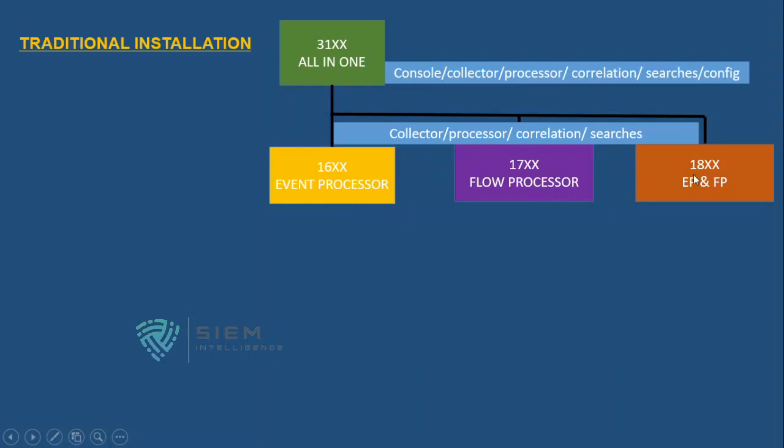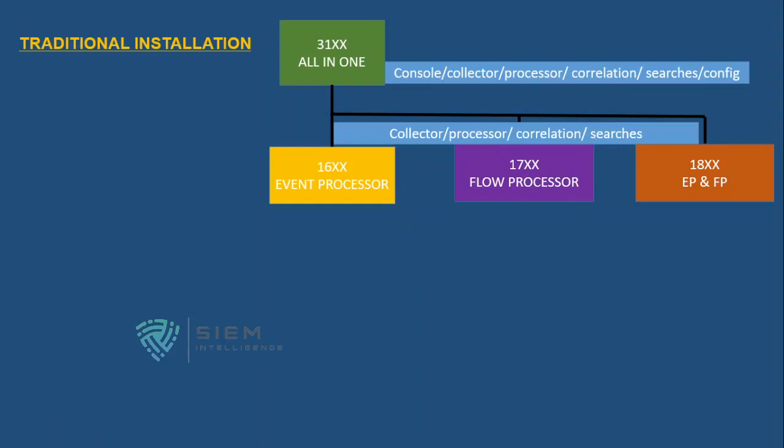And there is an option called 18XX, which is a combination of event processor as well as flow processor. It will collect both events and flows, and it can do processing of events and flows in a single box. It will do event and flow correlation, and event and flow search, that is log search as well as network search.